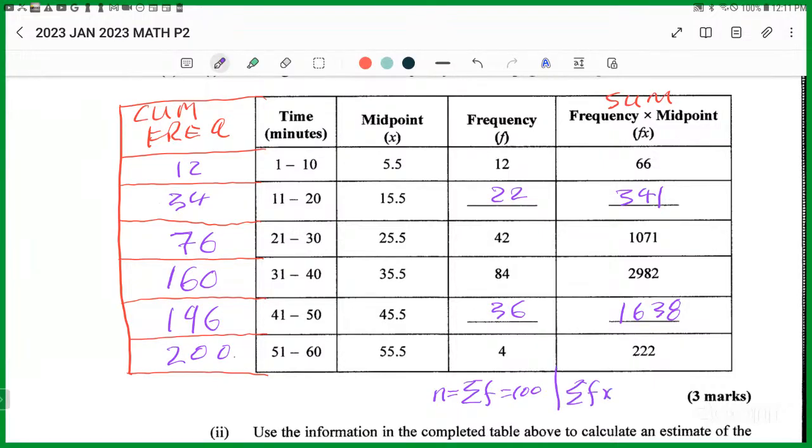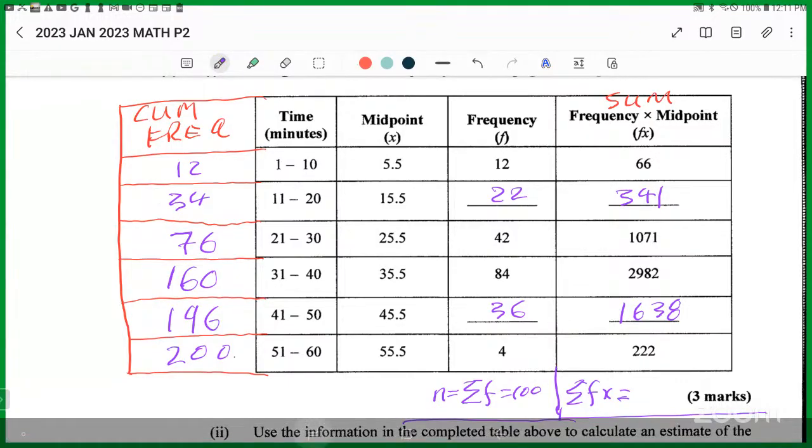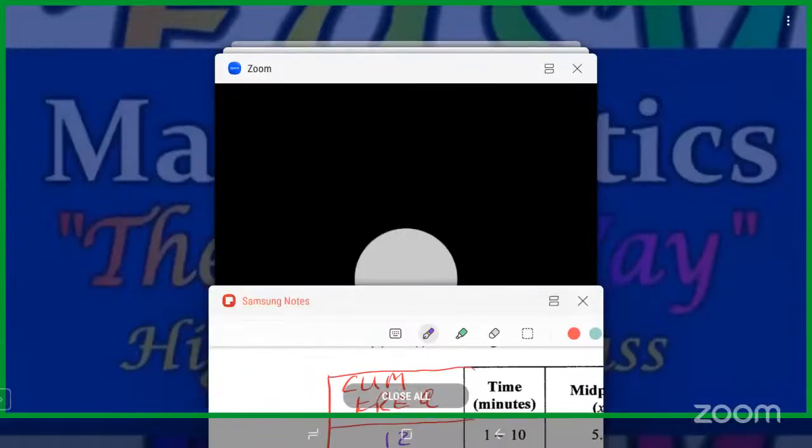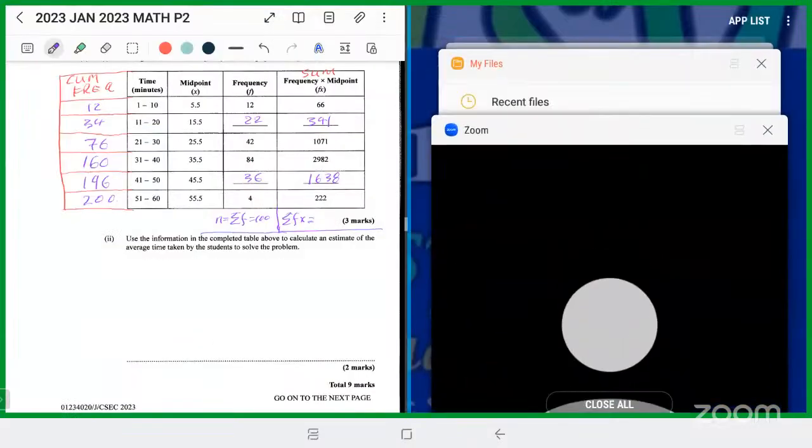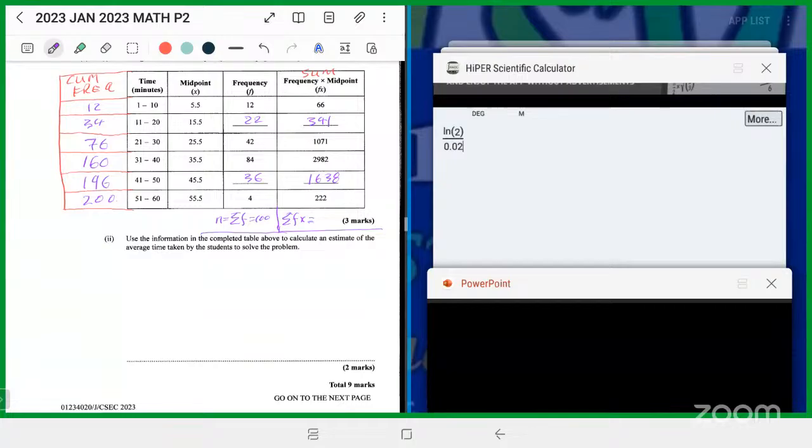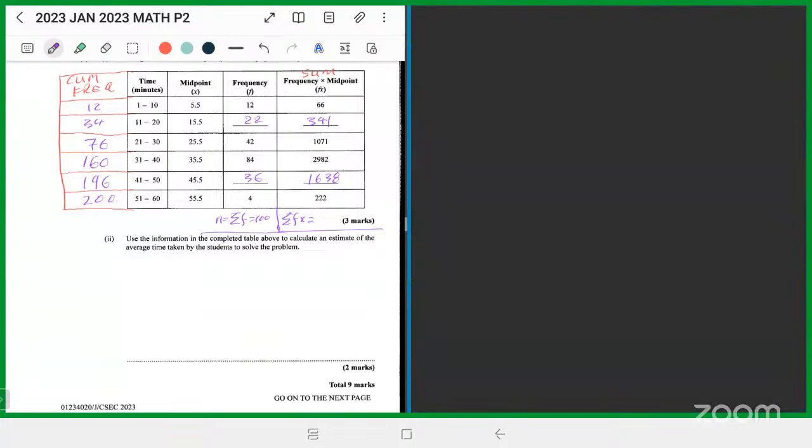We're trying to work out the sum of fx, which is the approximate total time that all the students took. You add this up. Let me get the calculator and show it.